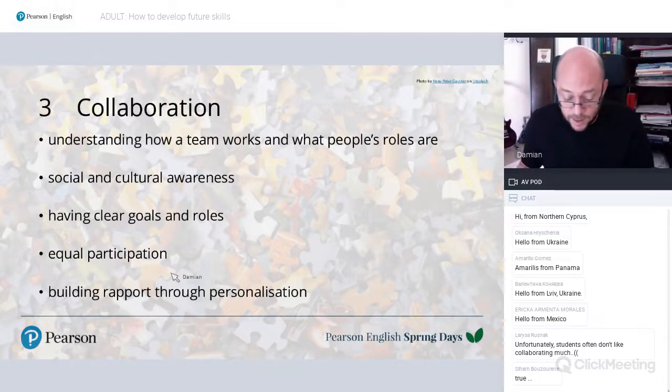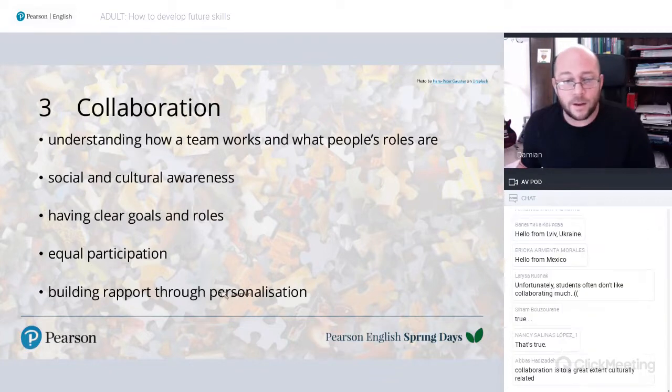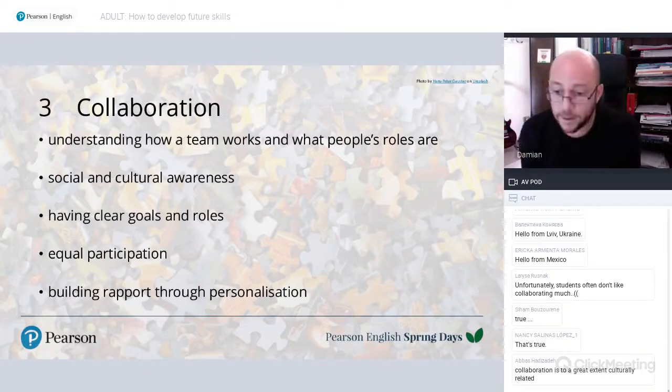And this is where personalization can come into the fray as well, because it gives people something to say. And when people are sharing things about themselves through personalization, this can really help build a group rapport, group dynamic as well.